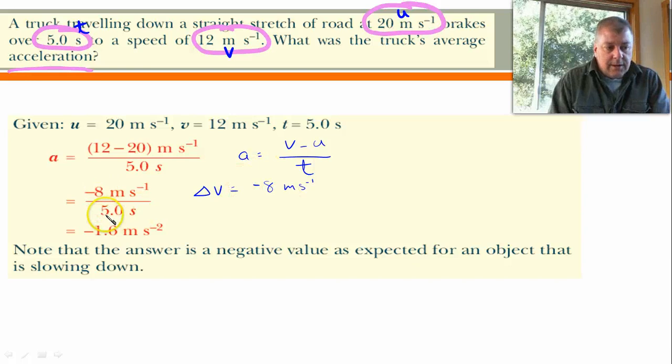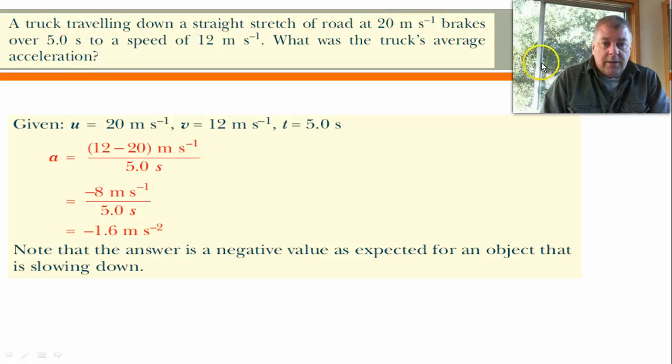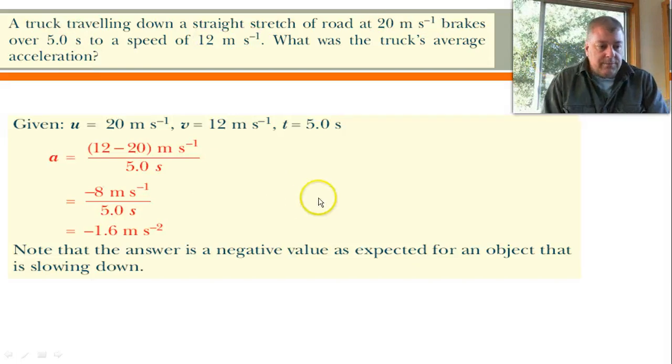Because it's slowed down over 5 seconds, we divide that and we get a negative value, and so that's a deceleration. So we're slowing down. Hopefully we're not too confused by that. Generally speaking, if we're getting faster, the acceleration will be positive. If we're getting slower, the acceleration will be negative.